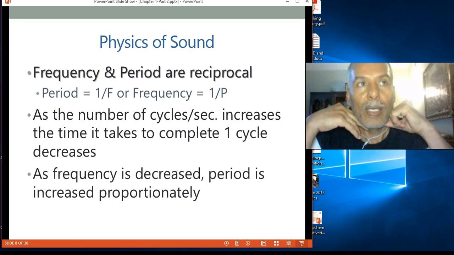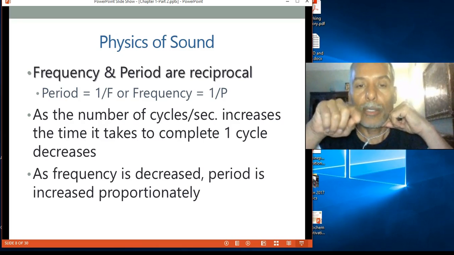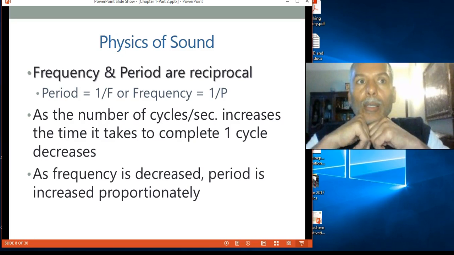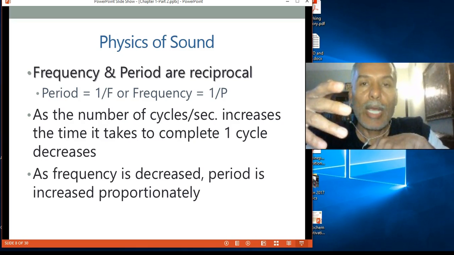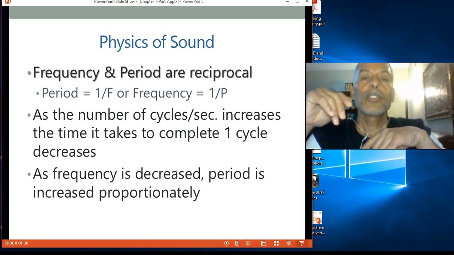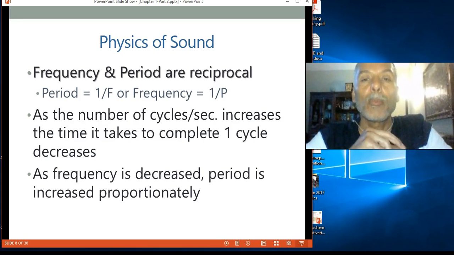So you say, okay, frequency, the total number of vibrations, equals 1 divided by, for example, 0.001, and you do all these calculations on your calculator, and you will be allowed to use the calculator in the exam. The number you get is going to be the frequency, the total number of vibrations per second. We are going to do many of these exercises in the classroom.